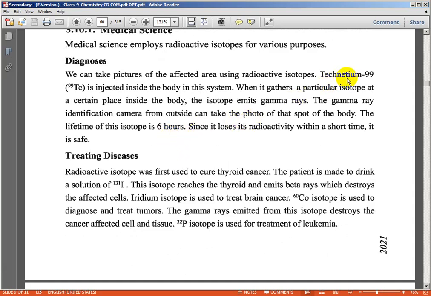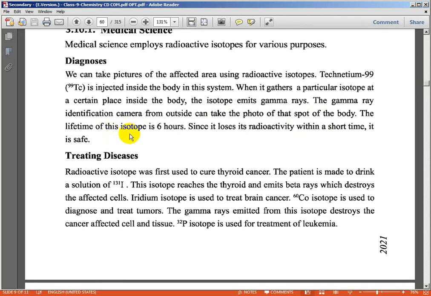This isotope's name is technetium 99. Technetium 99 is injected into the body. When it gathers at a certain place inside the body, the isotope emits gamma rays. A gamma ray camera from outside can take a photo of that spot of the body.